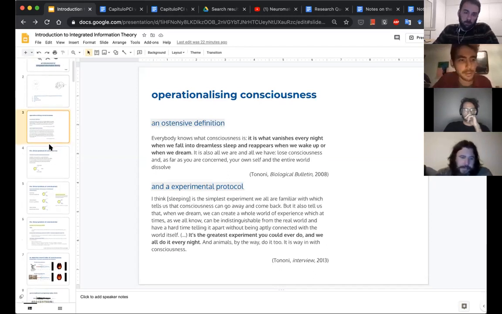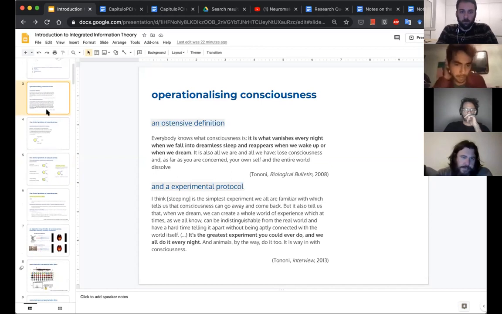I'll start with this definition by Tononi, which I think is really useful because it doesn't tell you what consciousness is. It just shows you where it happens and where it doesn't. So it's a kind of negative definition. Everybody knows what consciousness is.